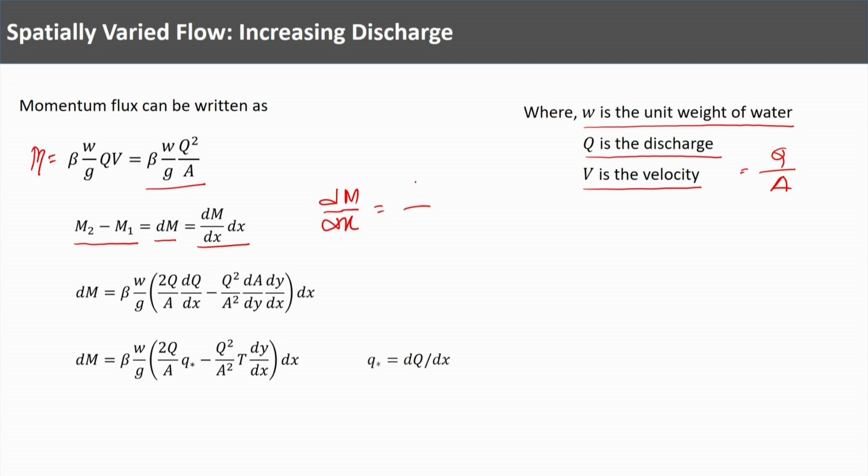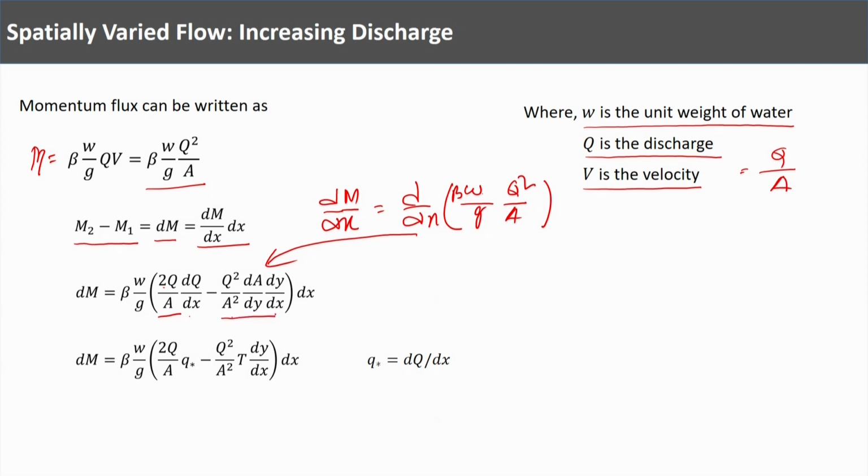So, this is nothing but d by dx of beta w by g Q square by A. Now if I take the derivative, beta w by g is a constant, so I am taking it out and then I am getting twice Q by A dQ by dx minus Q square by A square dA by dy and dy by dx.